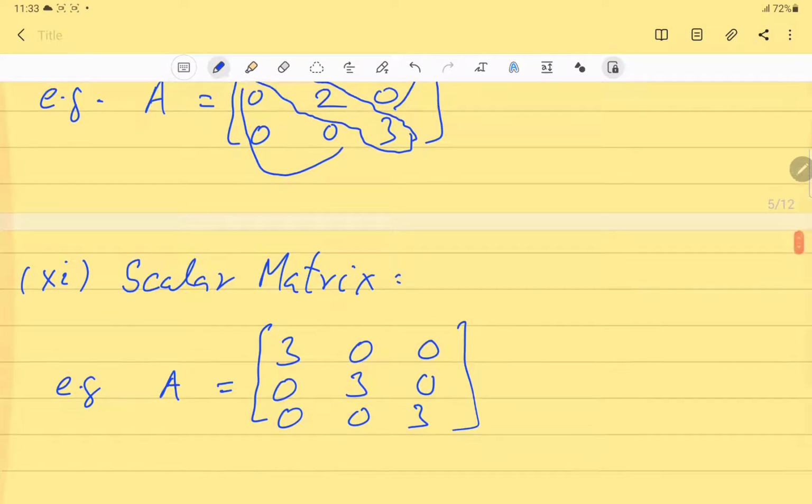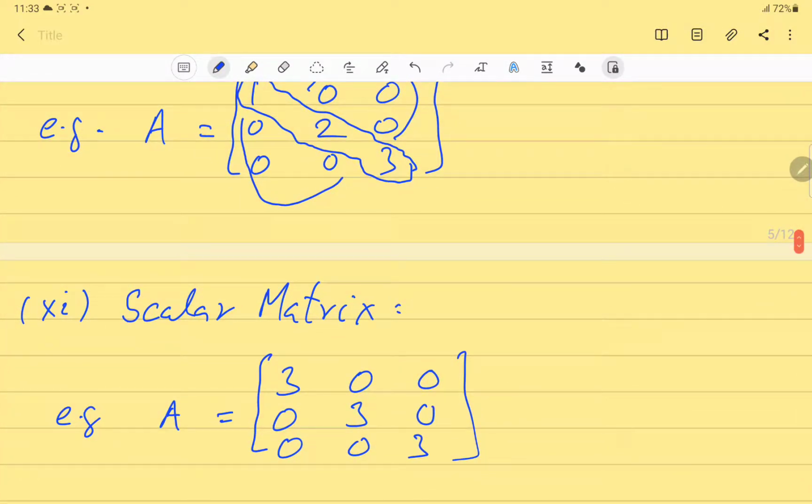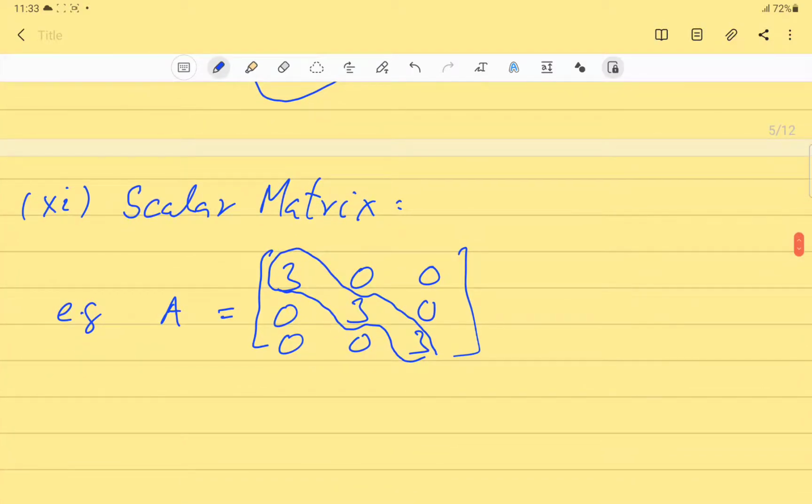Now you can see it is a diagonal matrix, and the last condition required for a matrix to be a scalar matrix is that all the values of the diagonal should be equal. So this is the diagonal, and you can see all its entries are 3, which means this matrix is a scalar matrix.